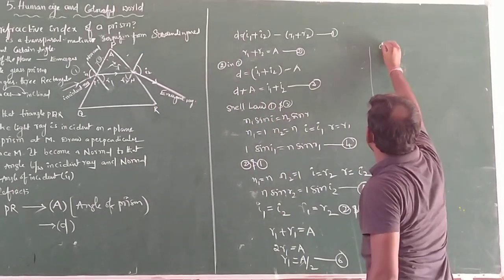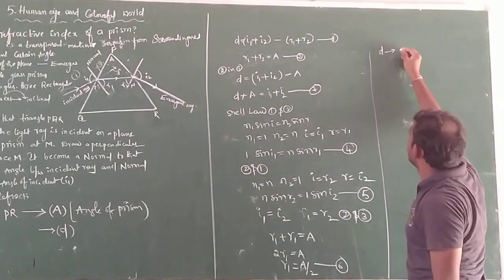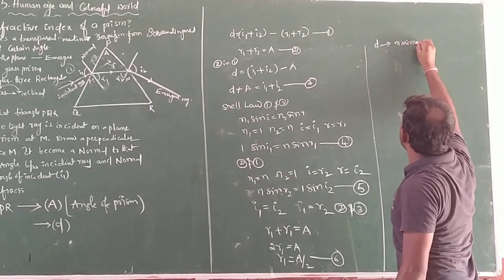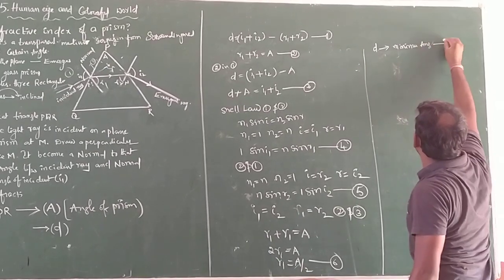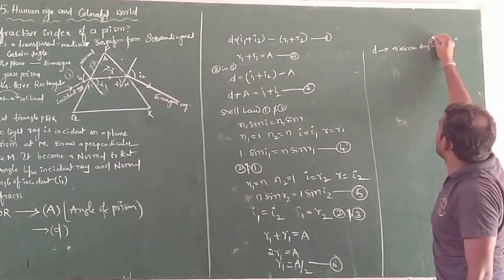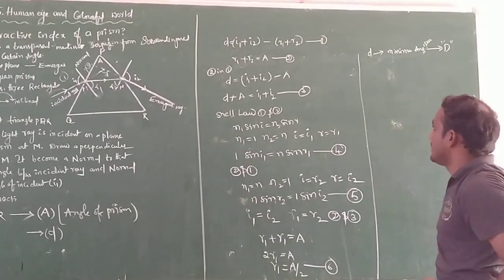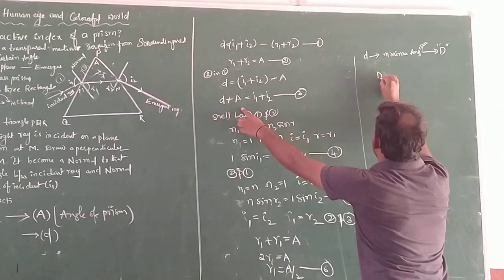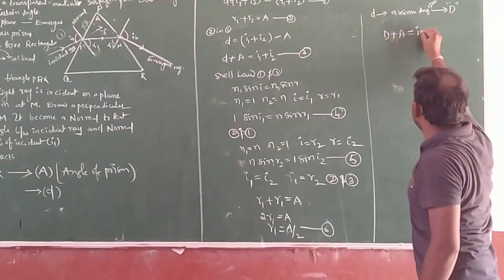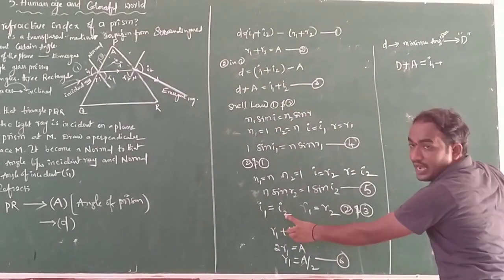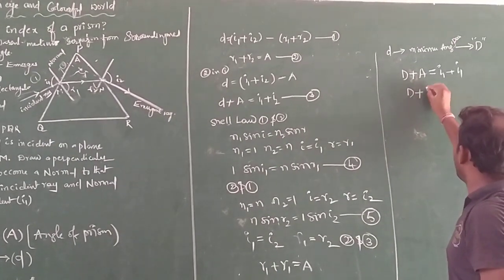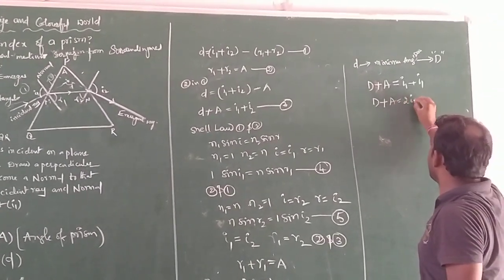And one more thing: the minimum angle of deviation we represent with capital D. Then we substitute capital D plus A is equal to i1 plus i2, and since i2 is equal to i1, D plus A is equal to 2 i1.